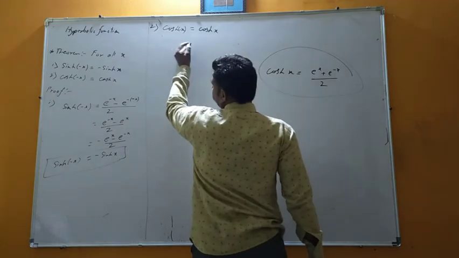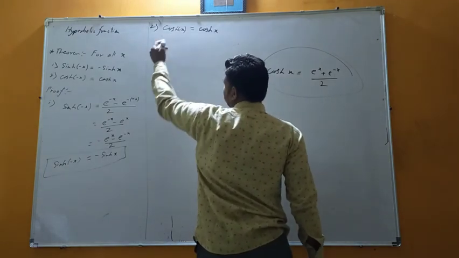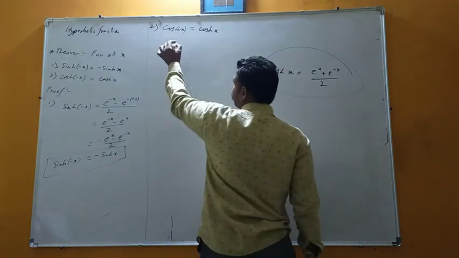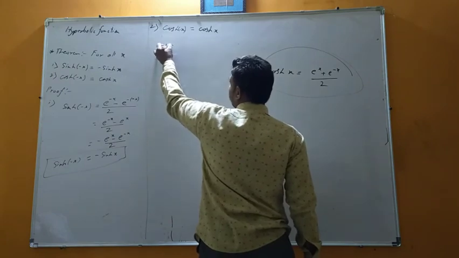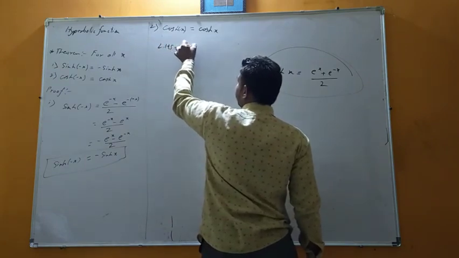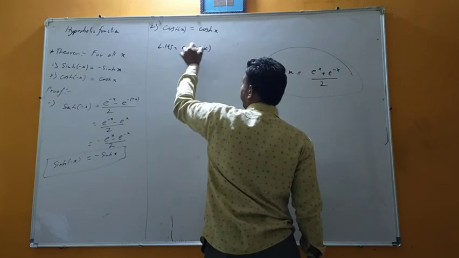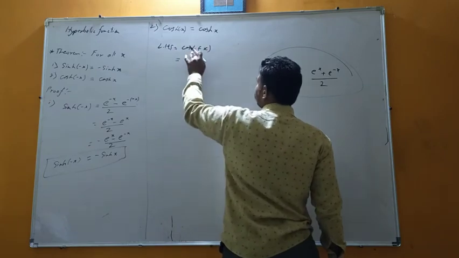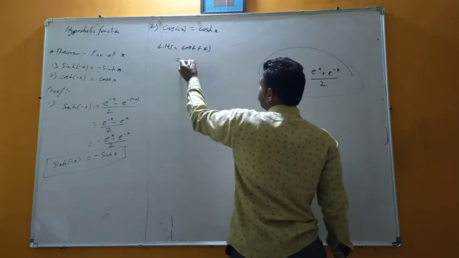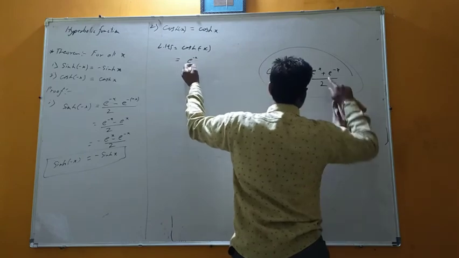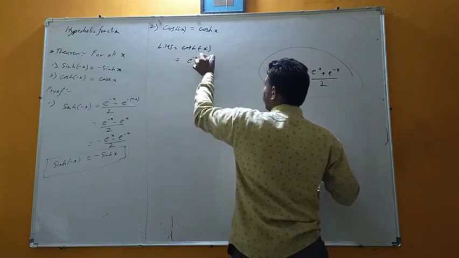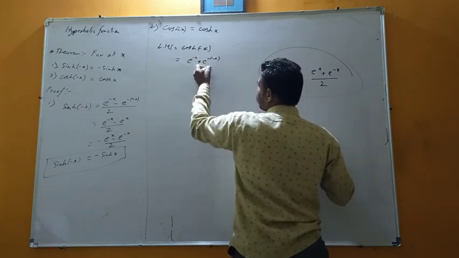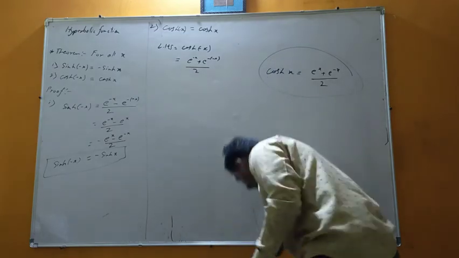So, this is the LHS. LHS is equal to hyperbolic cos of negative of x, which by this definition is e raised to minus x plus e raised to minus of minus x upon 2.